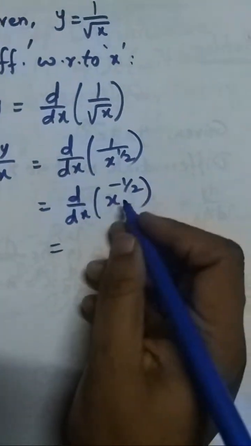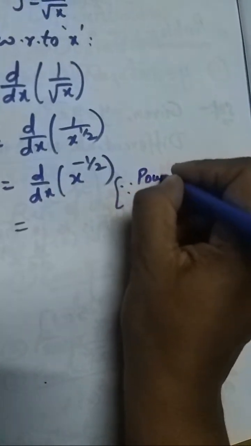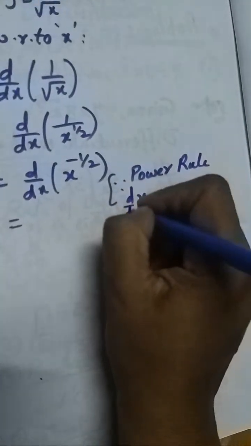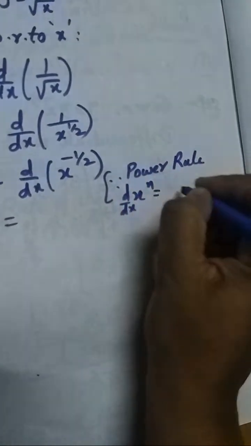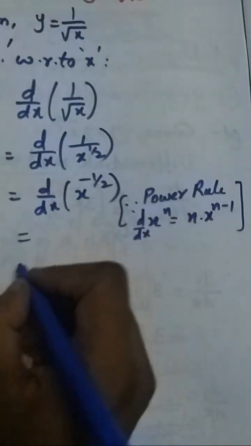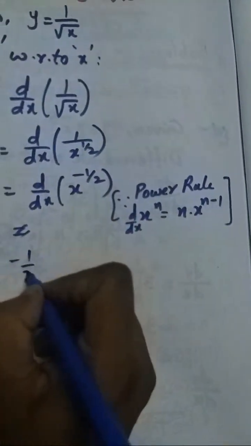Now differentiate. This is in the form of the power rule, that is d by dx of x power n is n into x power n minus 1. So we are applying this rule. n means minus 1 by 2 here.